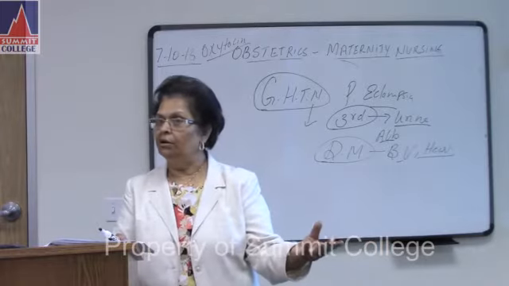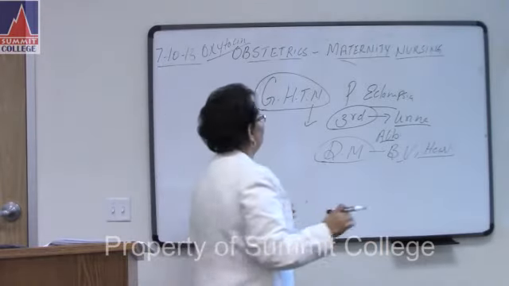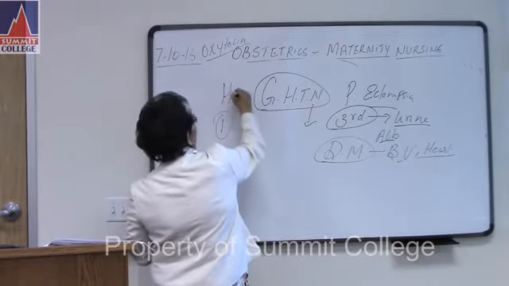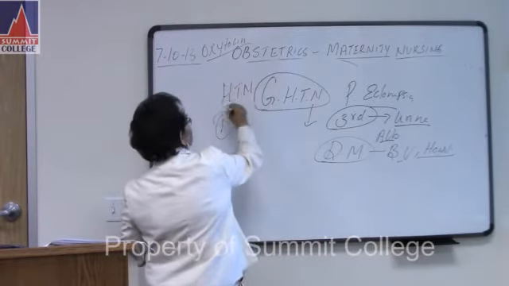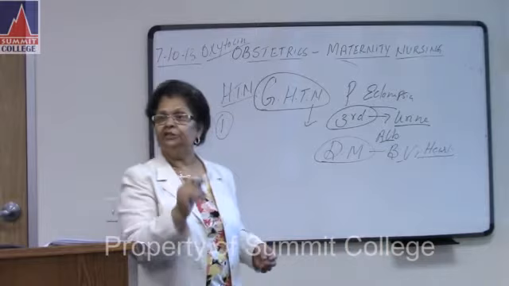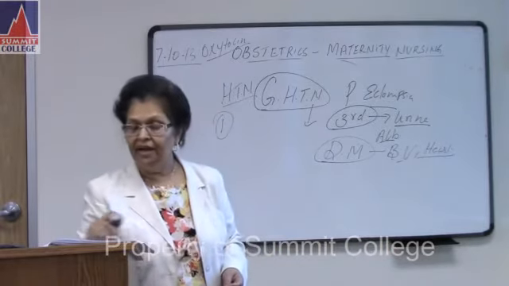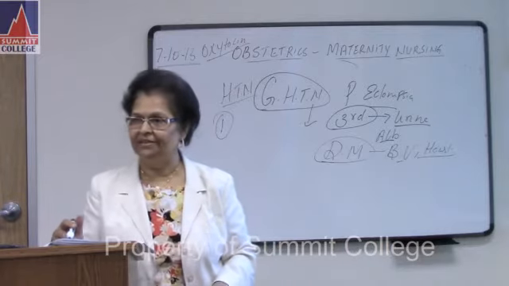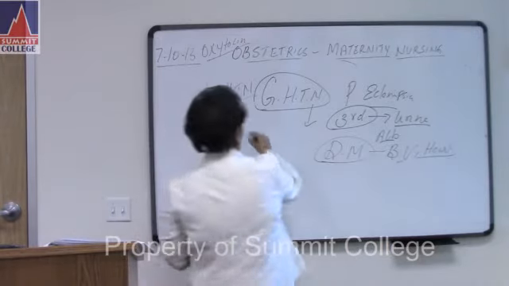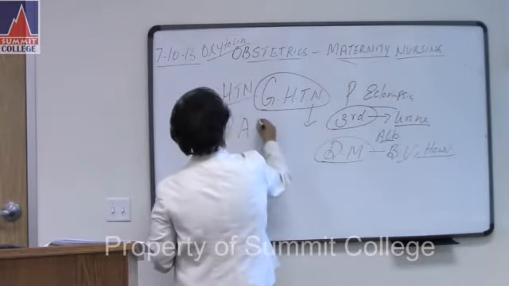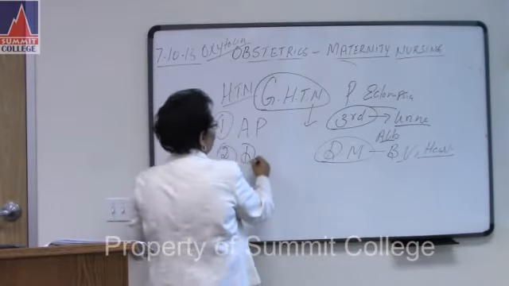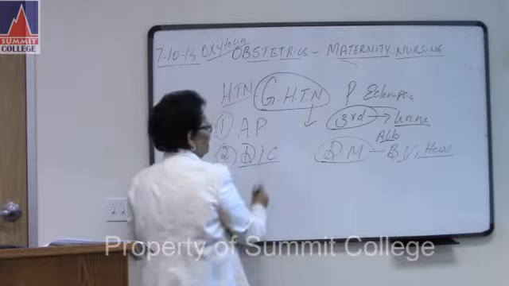Complications: what do you monitor when a mother has preeclampsia or hypertension? It is leading to, underline the word, abruptio placenta, and also DIC.